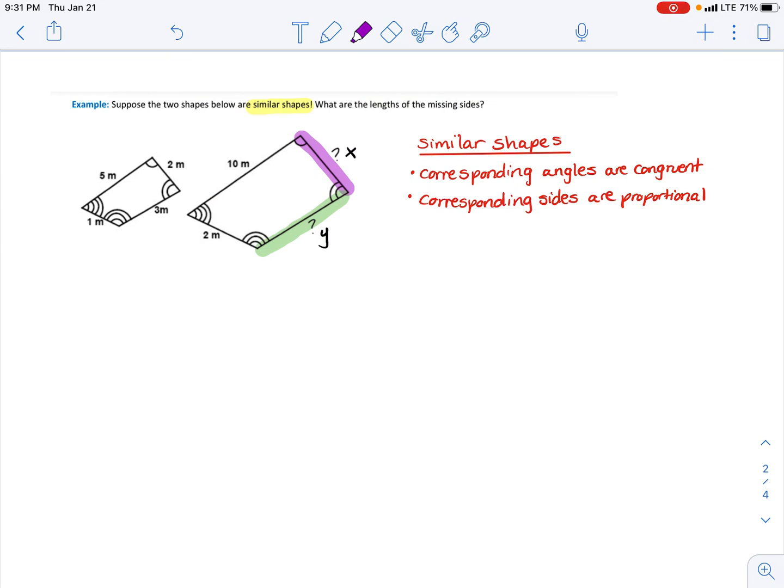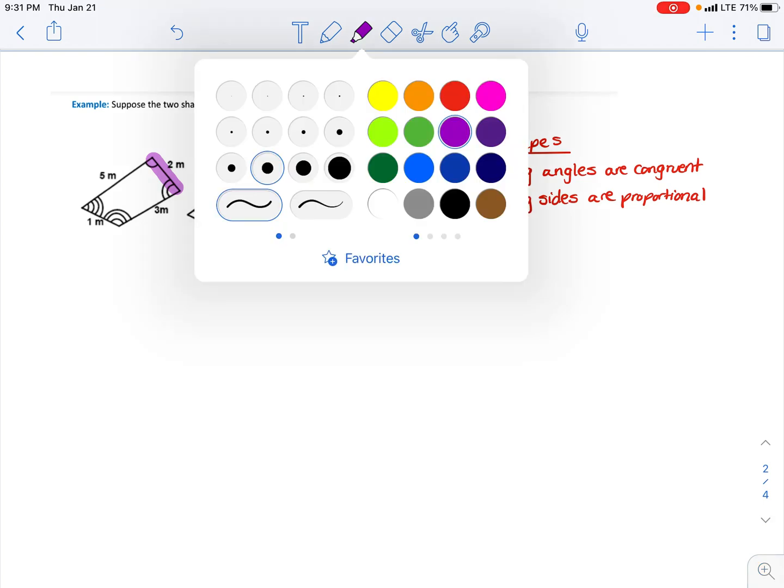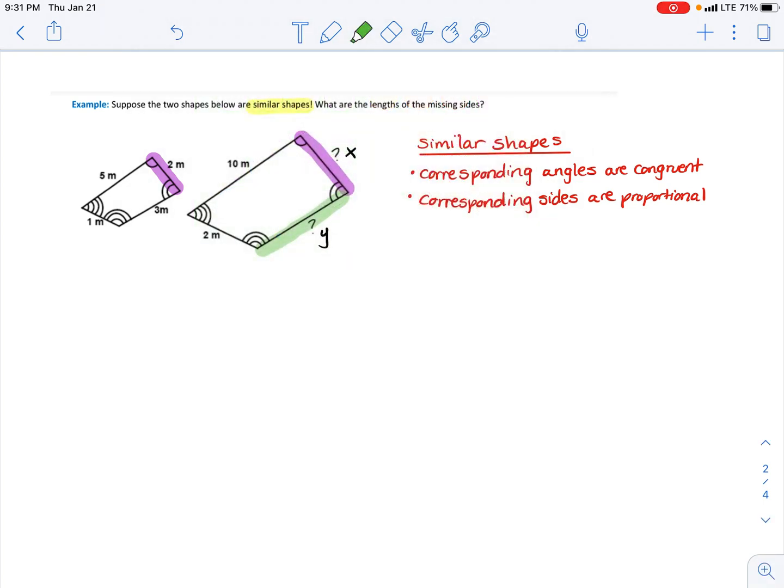Here I would say the corresponding side would be this side length here, and the length is 2 meters. And then the corresponding side for the length highlighted in green would be this one here, 3 meters.